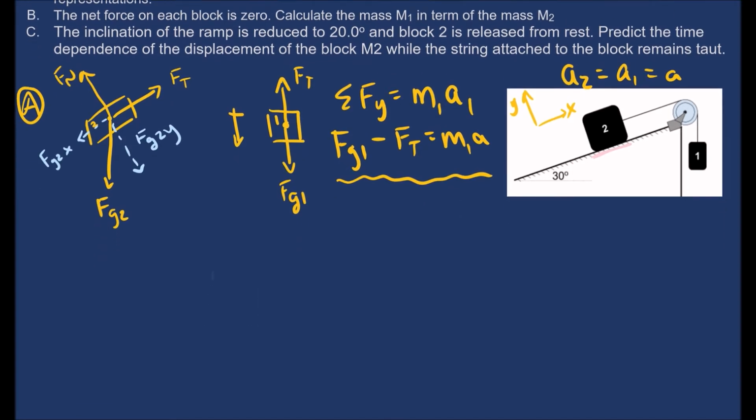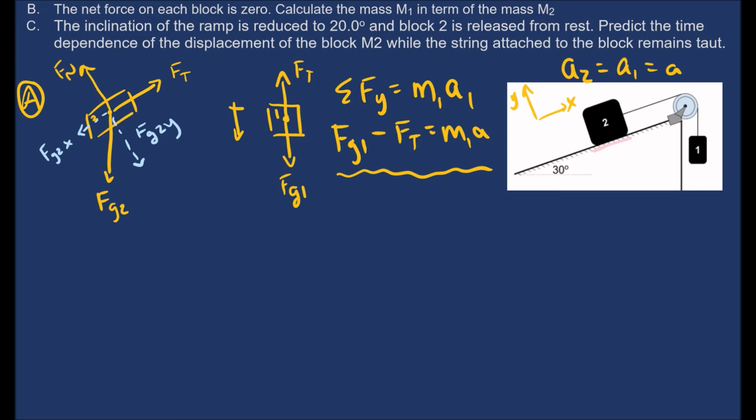But let's look at block 2. Remember we called this our x direction, and perpendicular to the incline our y direction. So we have 2 dimensions that we have forces acting in. We can sum the forces in the x direction, and those will equal the mass of 2 times A2, which we said is just going to be A. So let's draw that out.